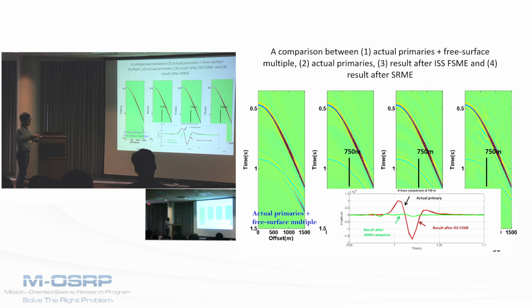We can see the ISS method can preserve the actual primary very well, whereas the primary is damaged due to the adaptive procedure in the SRME method.